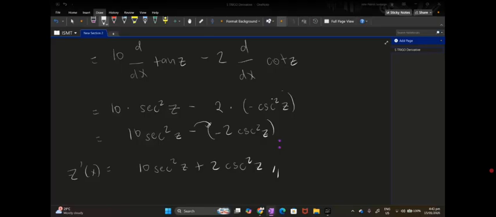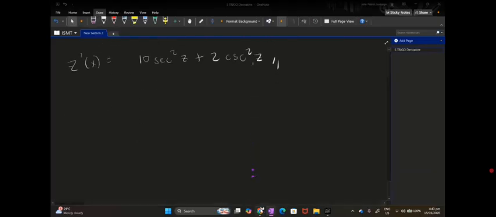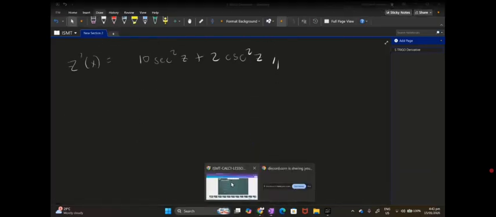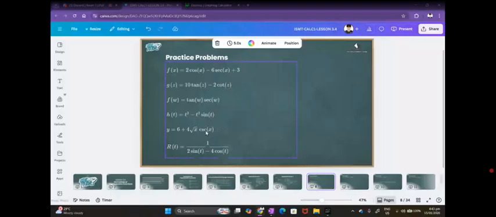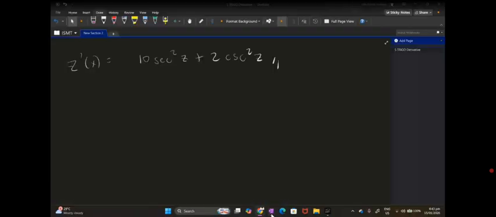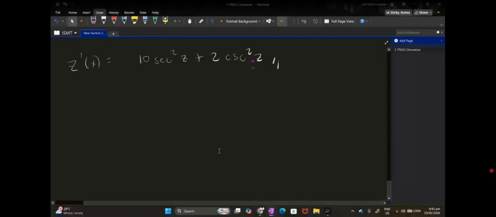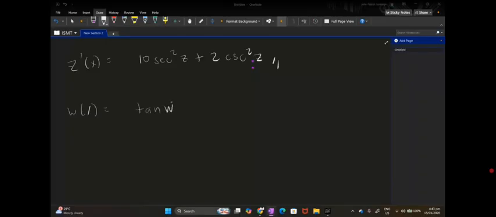Okay. Now, let's head on to the next problem. Tangent of W multiplied by secant of W. Yan.